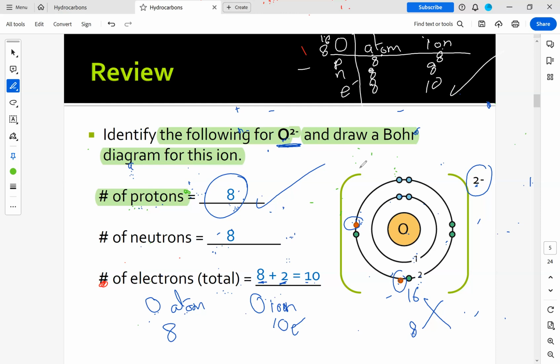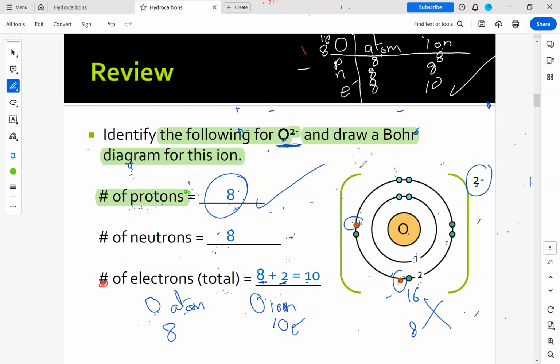So elements in group 1 have 1 electron, group 2 have 2 electrons, group 3 have 3 electrons. But what about 5, 6, 7? No, we have to subtract. For example, oxygen is in group 6. To be saturated it needs 2 more.